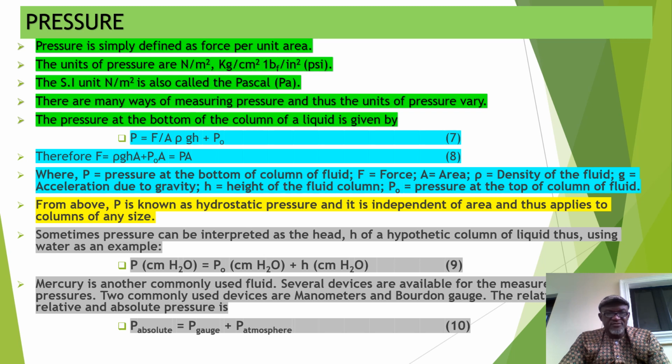We have the pressure at the bottom of a column of a liquid, given by equation 7, which is simplified to equation 8. We can also talk about a hypothetical column of liquid, using water as an example, given by equation 9. And we can also talk about devices we'll use, such as manometers or the Bourdon gauge, given by equation 10, to measure pressure.